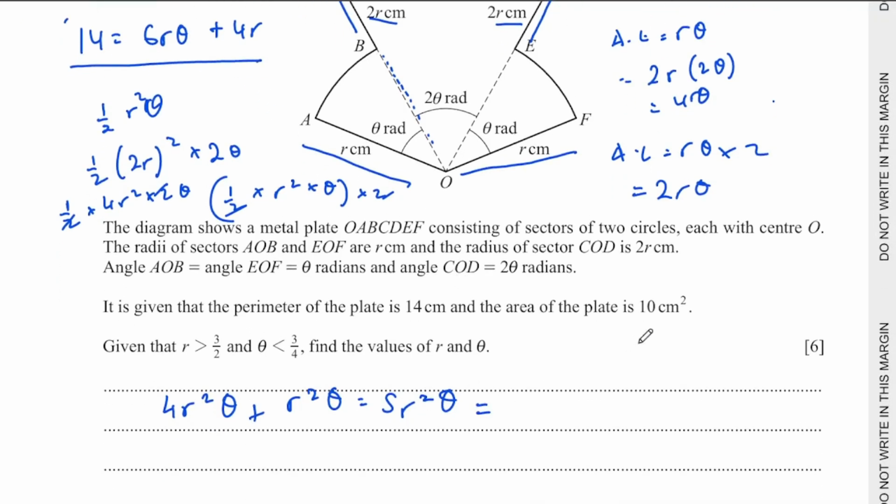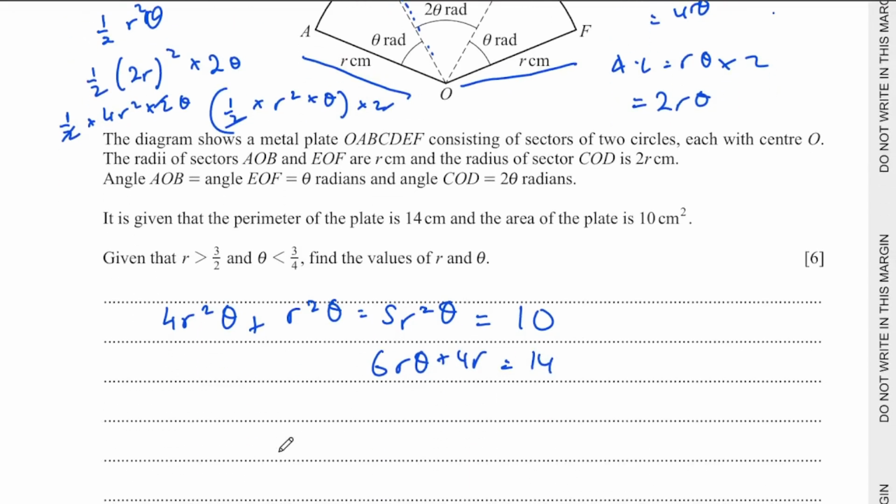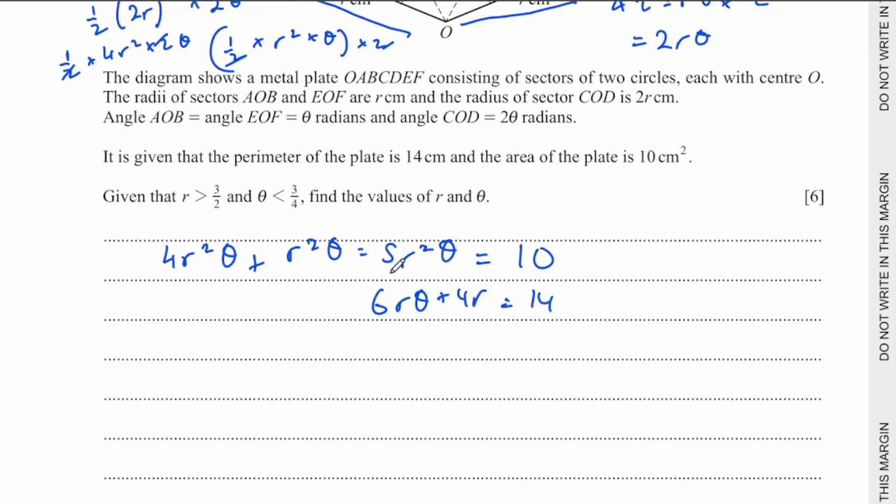So 5r squared theta equals 10, and we have that 6r theta plus 4r equals 14. Here we could just make one of them the subject. So let's just make theta the subject. So we divide by 5r squared on both sides for this one, and that's going to give us theta equals 10 over 5r squared, which is just 2 over r squared.